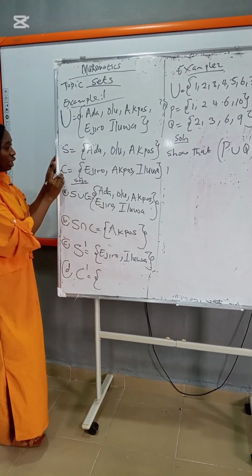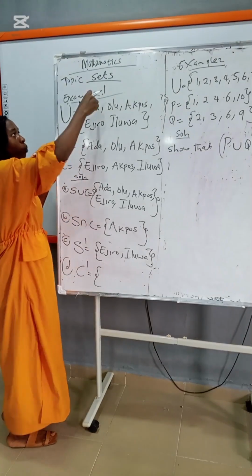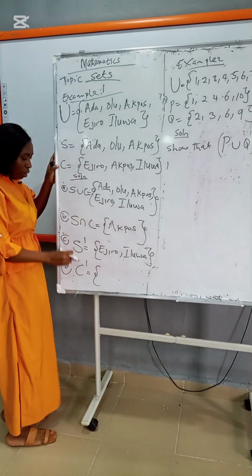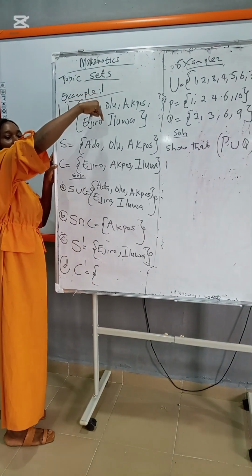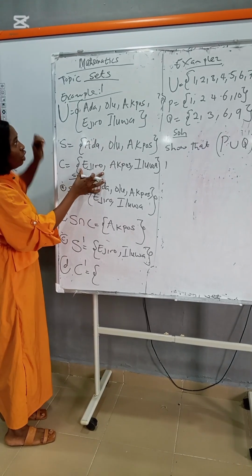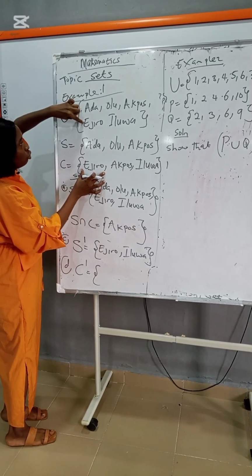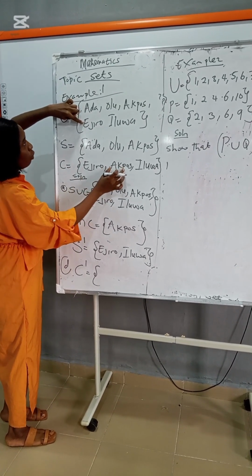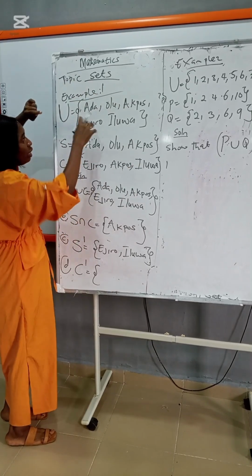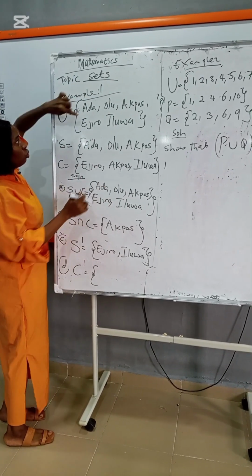So now if I want to take the complement of C, then I'll still go back to the universal set. Complement is always gotten from the universal set, not from anywhere else. So now I have Ejiro, there's Ejiro. So what I cannot find in C is what?